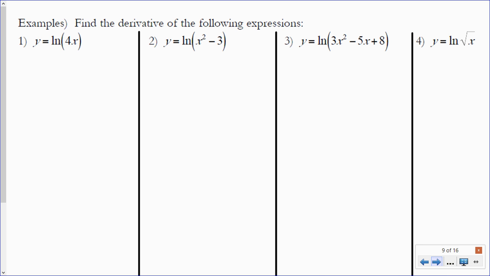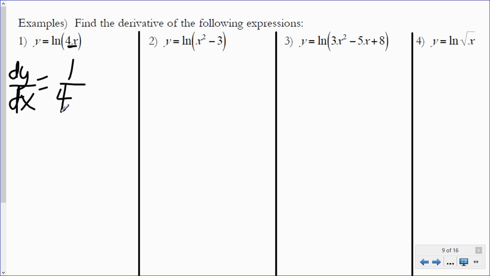Okay, examples. In our first example, we have y equals the natural log of 4x. Again, we have to use chain rule here because the 4x has been plugged into x. So it's a composition. Whenever you're evaluating natural log, you always start with 1 over what's in parentheses.